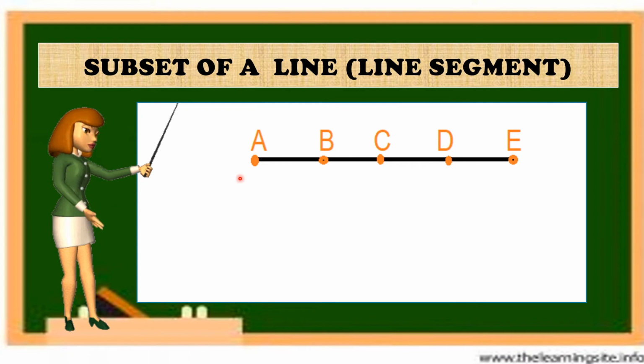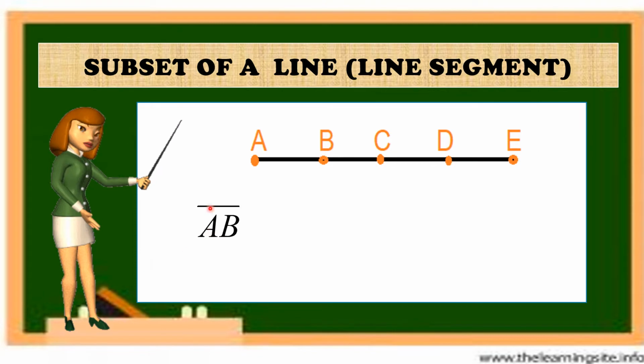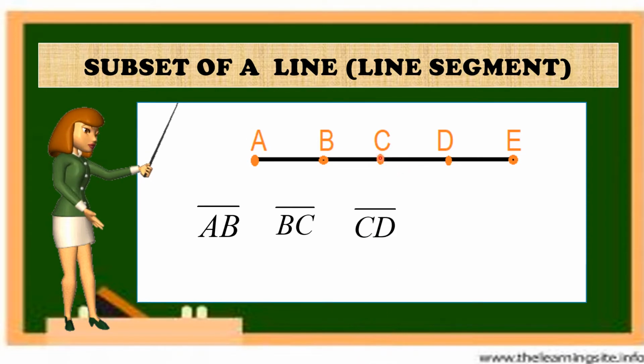So, we have the given line segment, which includes points A, B, C, D, and E. So we can have line segment AB, line segment BC, line segment CD, line segment DE.